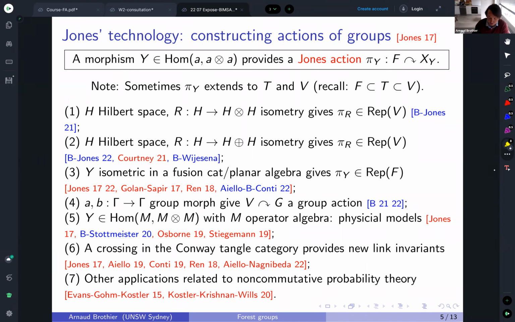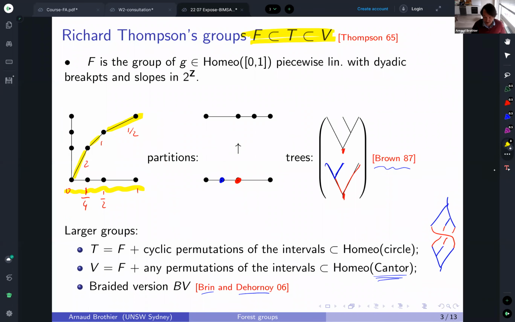Well, remember the Thompson group, as we saw it, is made of pairs of trees, right? So if I come back, you see that everything is made of that. And so if you think in terms of categories, it means that a splitting is what generates your category, if you think in terms of diagrammatic categories.